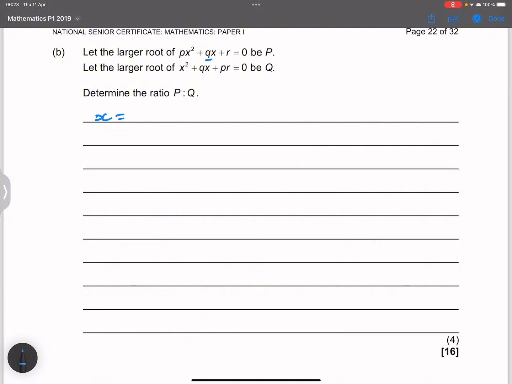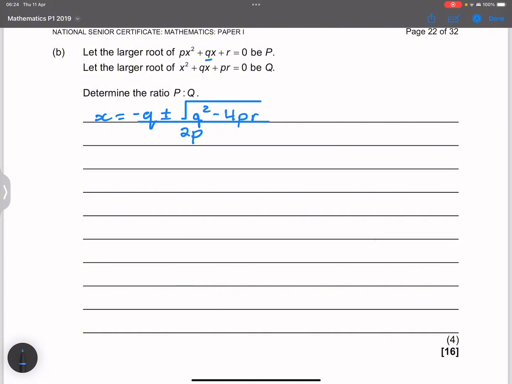So that's minus q plus or minus the square root of b squared, that will be q squared minus 4 times our a, which is p, and our c, which is r, divided by 2 times p, 2a, so that's 2p.